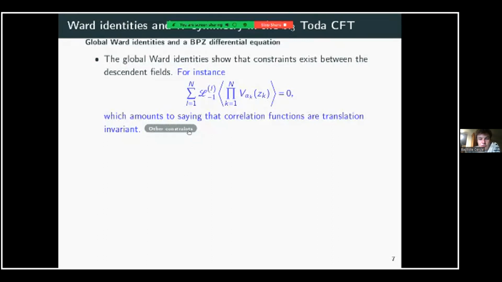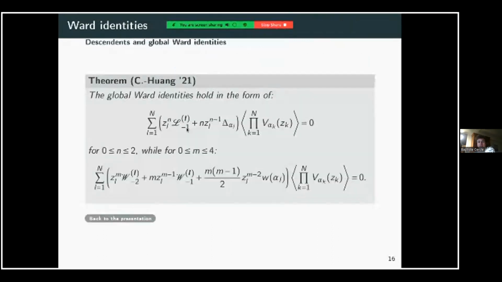There are a lot of constraints: 3 associated to the stress energy tensor, 3 associated to conformal invariance, and there are 5 such constraints between W descendants associated to this higher spin symmetry. So you see that you have 3 constraints stemming from conformal symmetry and 5 stemming from this higher spin symmetry.